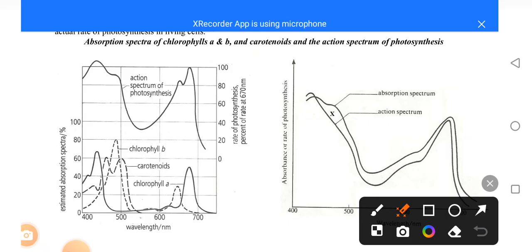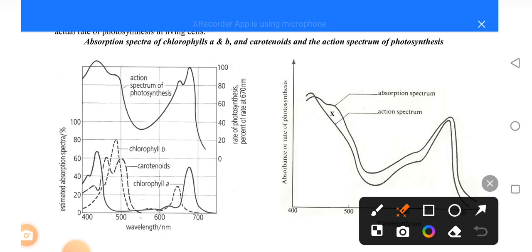Then chlorophyll B is between 453 and 642 nanometers, but there is only one maximum for carotenoids, at about 510 nanometers. There, the absorption of carotenoids goes to the maximum.